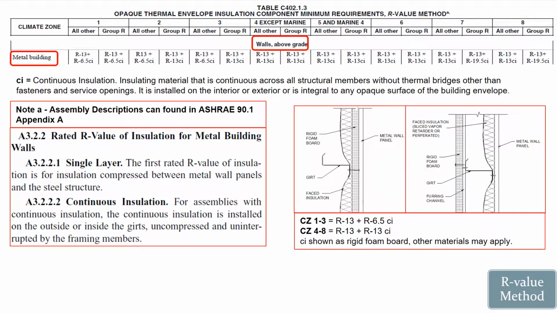Actually, let me correct that. This will be the same systems that will be in the 2018 IECC. And then we'll get into in part 3 what will be included in the 90.1 2016 version.